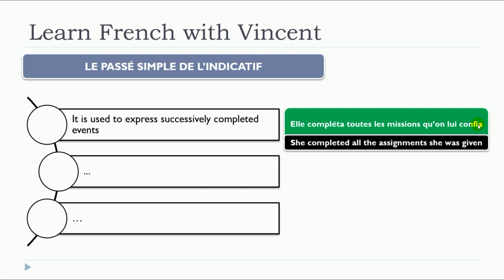She was given some assignments and she completed them, so this one happens after. But still, it's totally possible in that case to use passé simple in both cases. So, elle compléta toutes les missions qu'on lui confia.